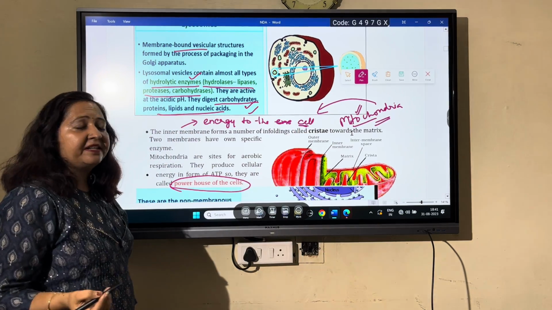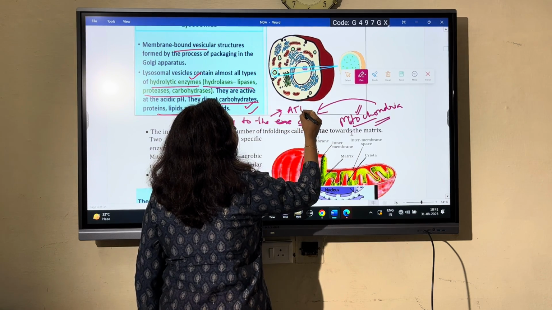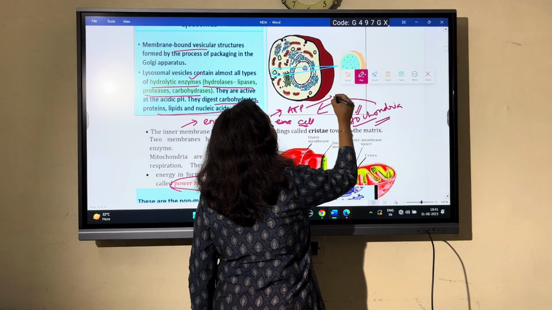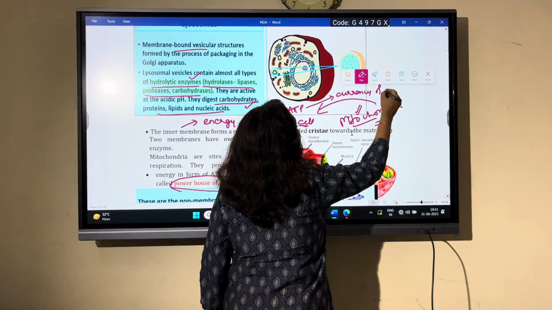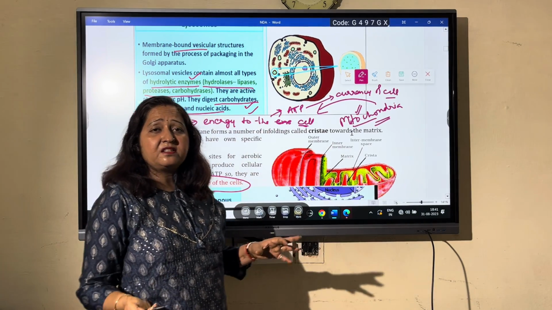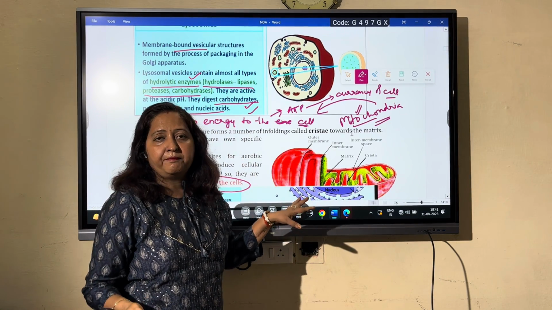And how is it providing energy to the cell? It is providing energy in the form of ATP, which is known as the currency of the cell. As we use a generator in our houses to get energy, similar is the work of the mitochondria also.